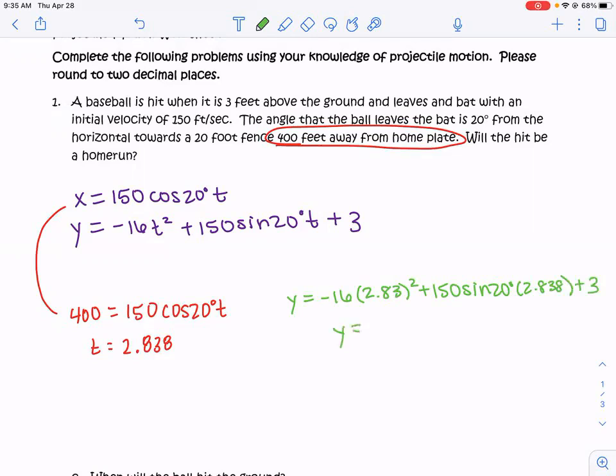We are hoping for this to be 20 or higher. If it's higher than 20, it's going to clear the fence. If it's not higher than 20, it's not going to clear the fence. Plug it in.